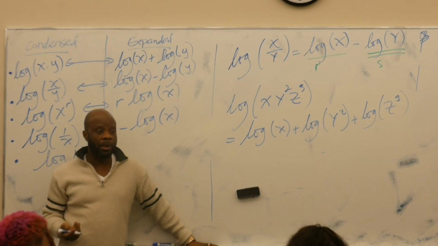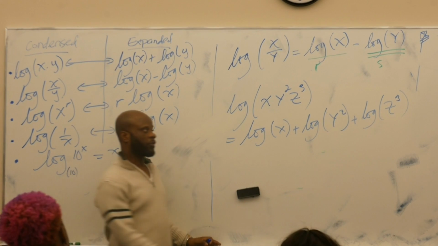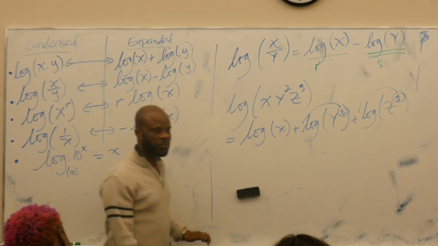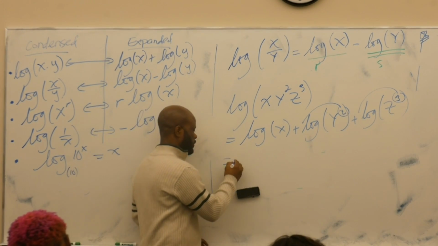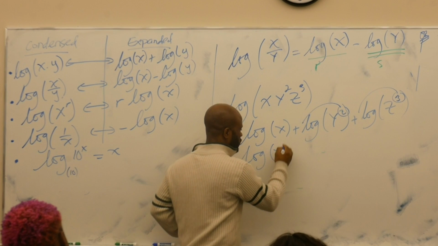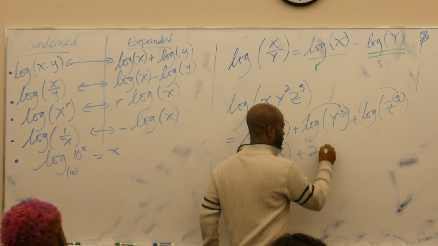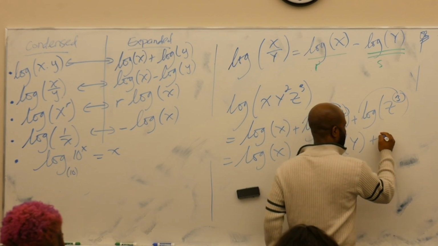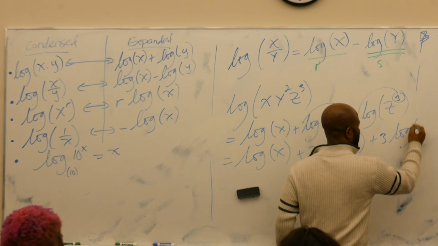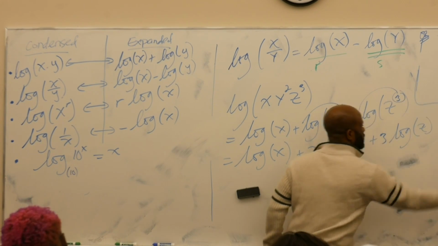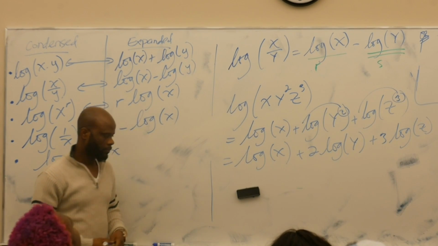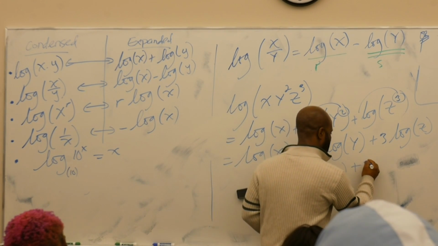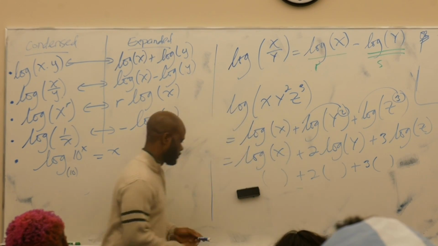I know the log of Y, but I don't know the log of Y squared. So I have to use the other property that says I can use my exponents as multipliers. So this gives me the log of X, which we know, 2 times whatever the log of Y gives me, and 3 times whatever the log of Z gives me. So X plus 2 times Y plus 3 times Z.